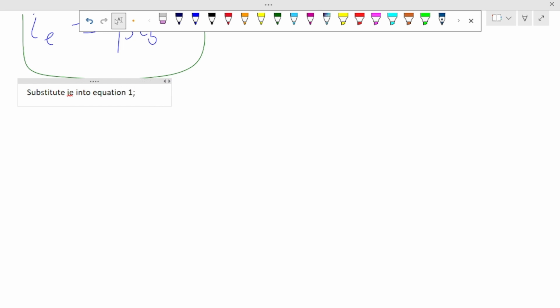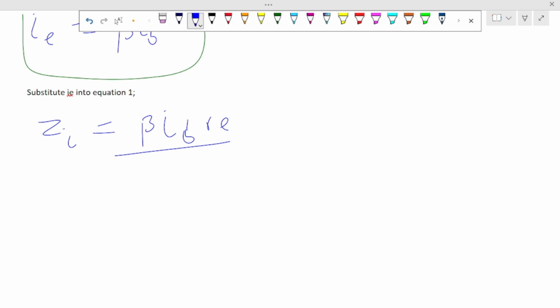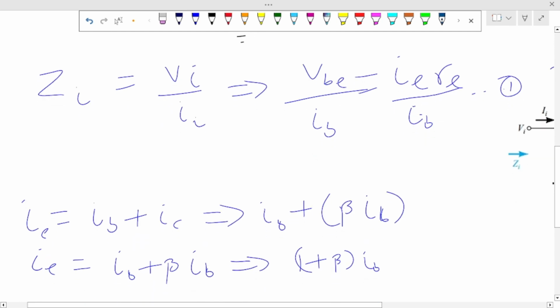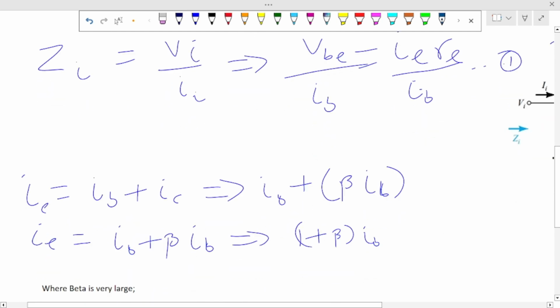Okay, so that will now give us Zi equals beta IB RE all over IB. I guess that's correct. Please confirm. Check it. Watch your screen. Correct. Okay.